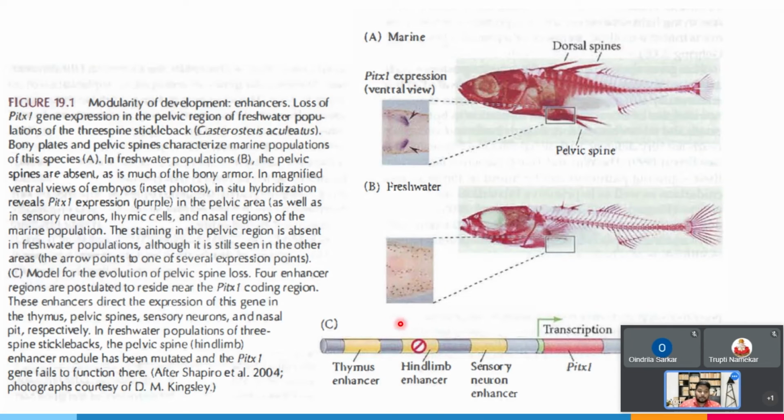If someone took the enhancer from the marine sticklebacks and put it into the enhancer region of the freshwater ones, we would see the formation of spines in the freshwater ones as well. This experiment was also done in order to show that enhancers are modular in nature.